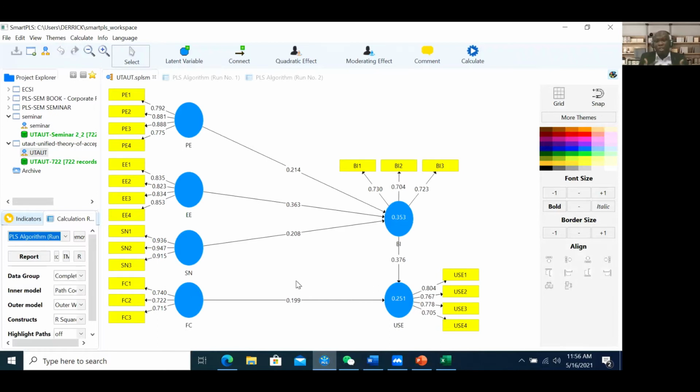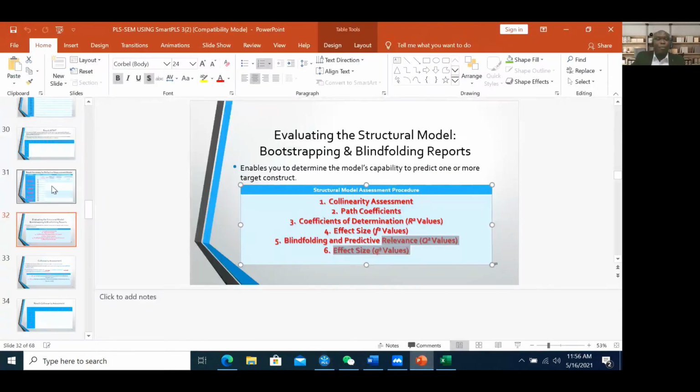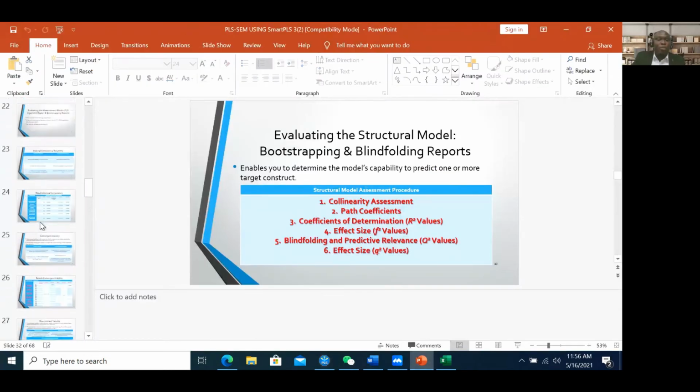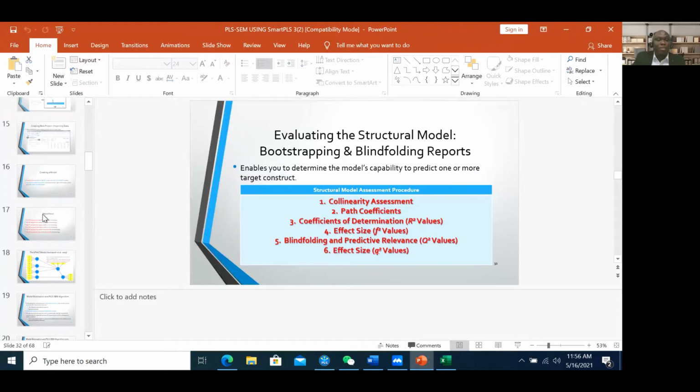In brief, the structural model is what you use to test the significance level of the various constructs, or to test your hypotheses. If you remember, we posited 6 hypotheses earlier.